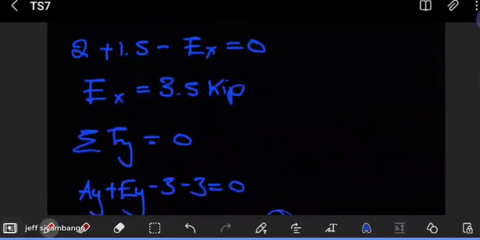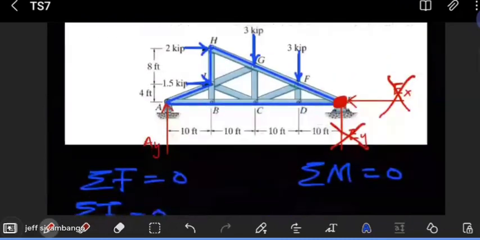If we do it about E, force times perpendicular distance, the moment due to AY about E, will it be clockwise or anti-clockwise? AY about E, is it causing a clockwise or anti-clockwise moment?